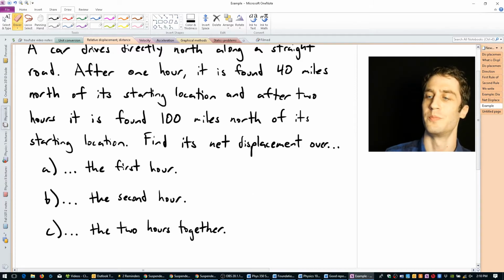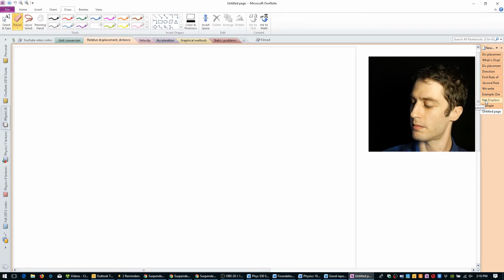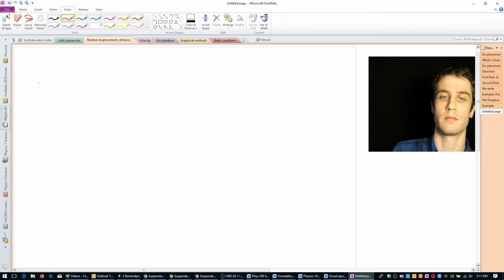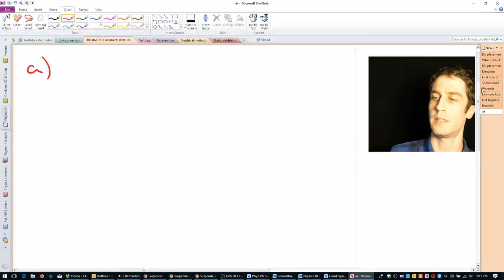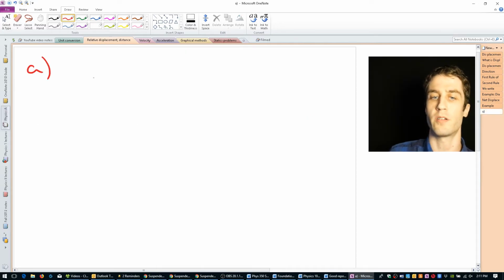Okay, let's just do this piece by piece. So for part A, we want the displacement over the first hour. And so x final, the final displacement, is equal to x1, and that's 40 miles.